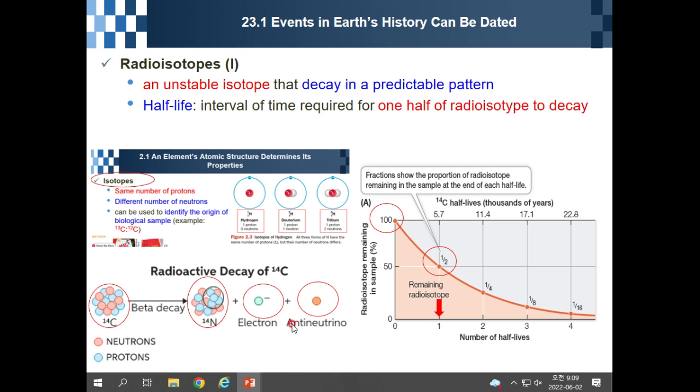Once again, initially it was 50, now it will become 25%. This interval time we call the half-life. Initially it was 25%, now it becomes 12.5%. So this interval time we call the half-life.